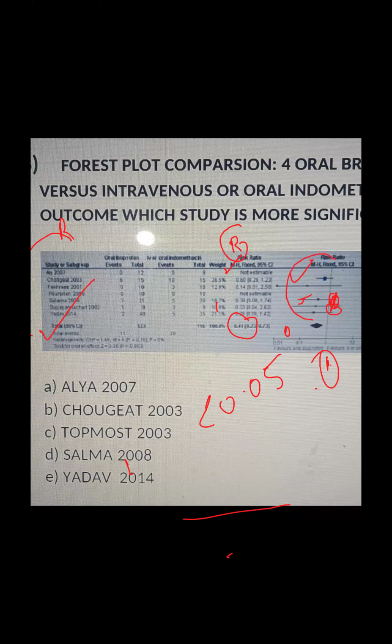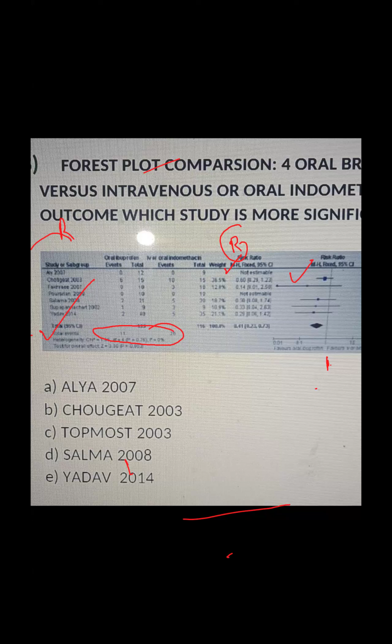And by looking at the other studies, you can see which studies are in favor. Those that are not crossing the midline are significant. Those that are crossing the midline are not significant. The statistical p-values would be written somewhere over here, because I cannot see over here. The p-values are over here. So overall, the final summary is given by the p-value.